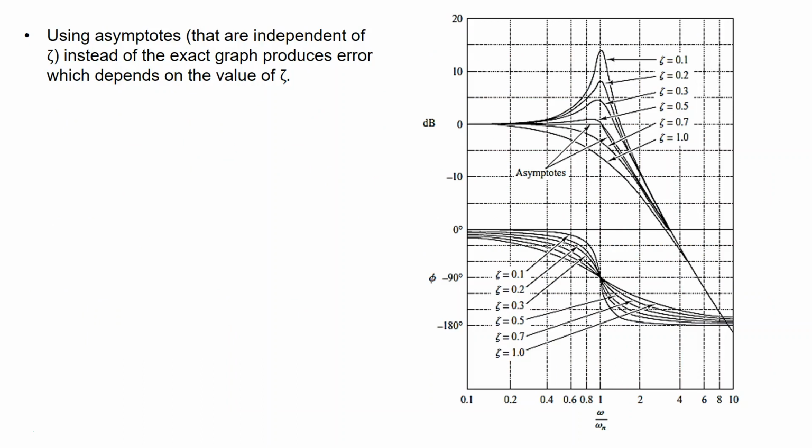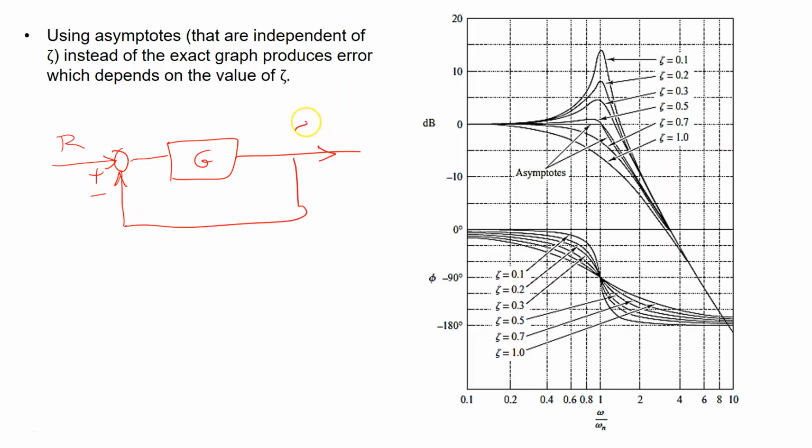Here, that's a Bode plot. This is the Bode plot of what? If I have that open loop transfer function here, the unity feedback control system, this is G, this is R, and this is C.